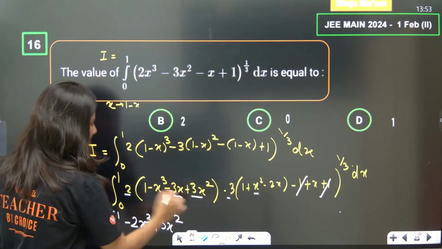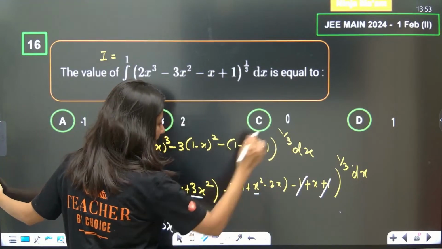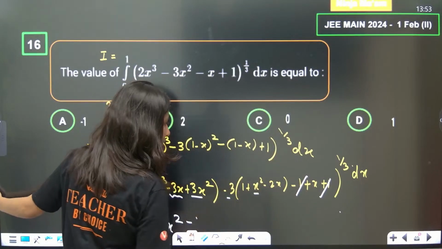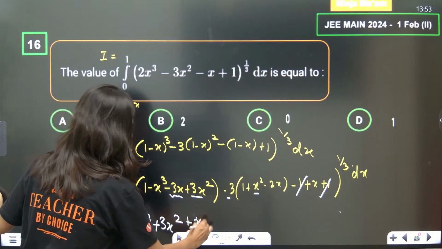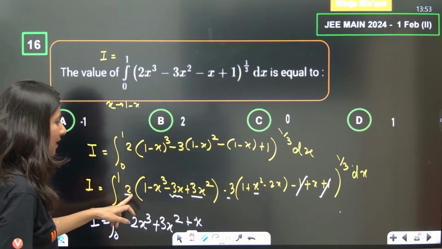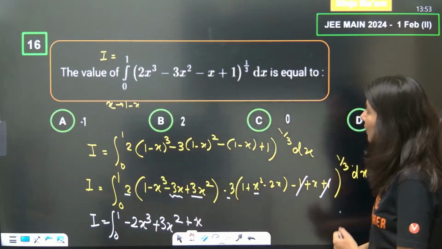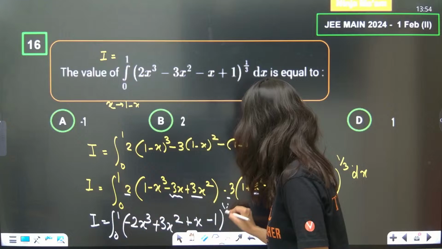Minus 6x and plus 6x is gone. Minus x will be right here, so plus x. And last but not the least, this is plus 2 and minus 3, minus 1, that's it. So this is minus 1, power 1 by 3 dx.